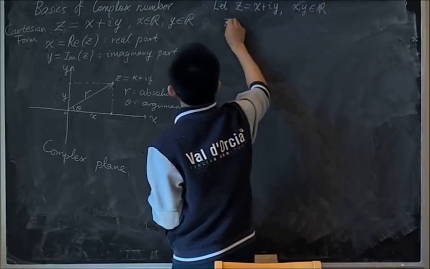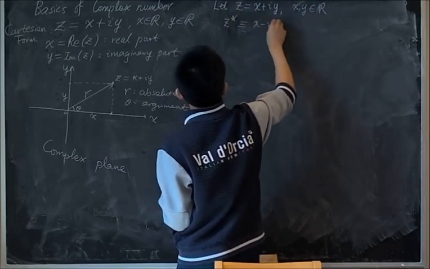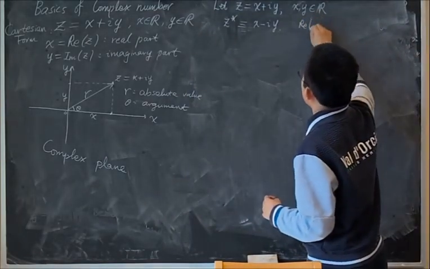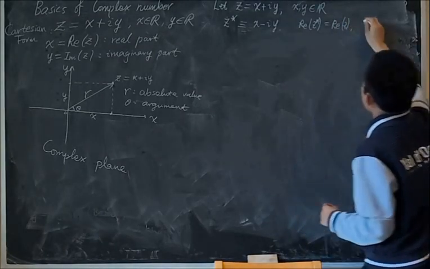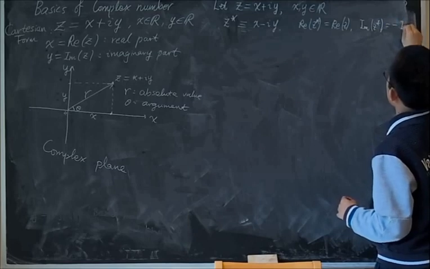So the complex conjugate is defined as x minus iy. That is to say, the real part stays the same, but the imaginary part flips, changes sign.